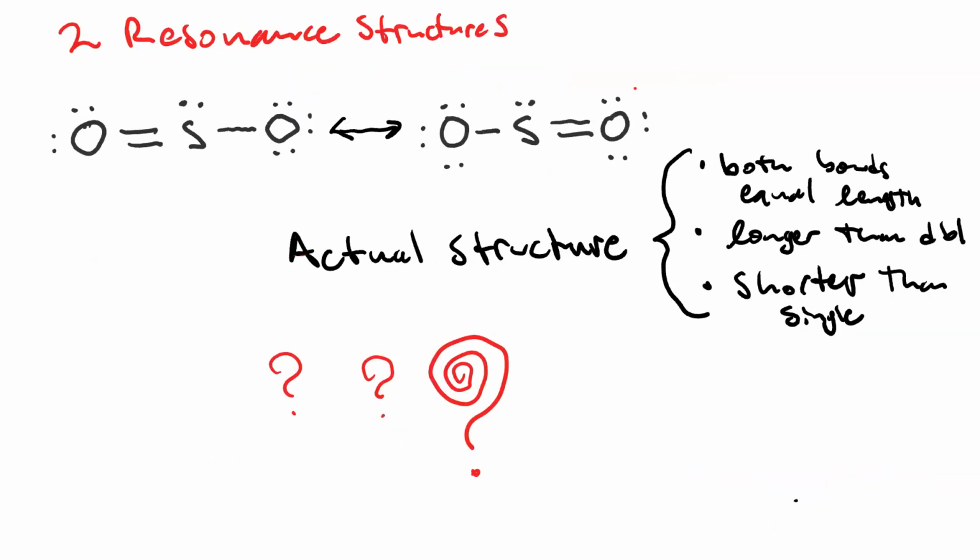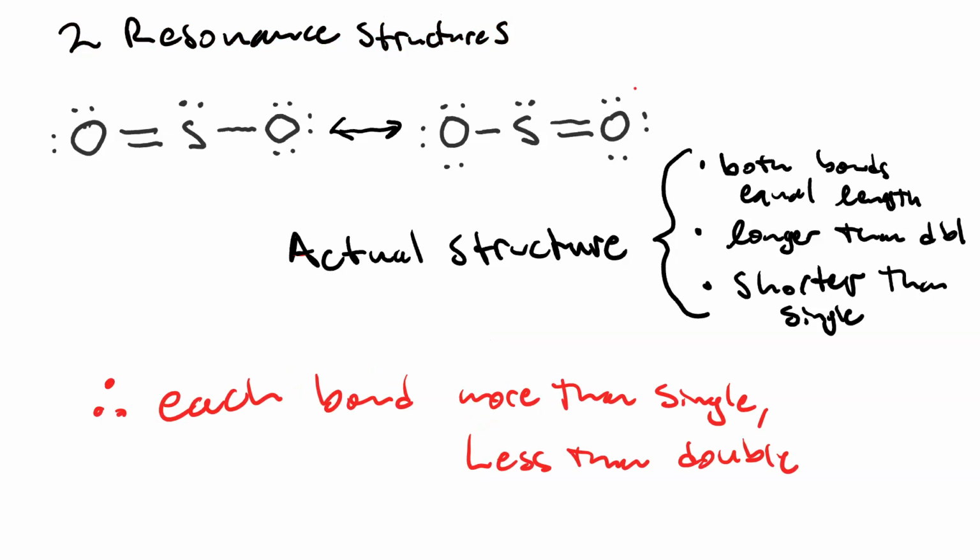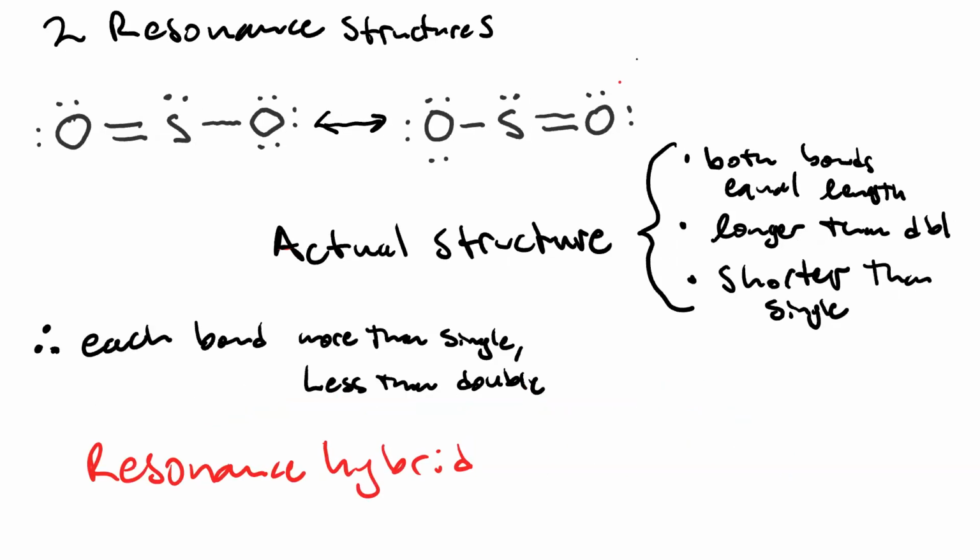What does this lead us to conclude? Each bond must be more than a single bond, that is, more than one shared pair of electrons, but less than a double. The bonding in the resonance hybrid is the average of the 2 resonance structures.